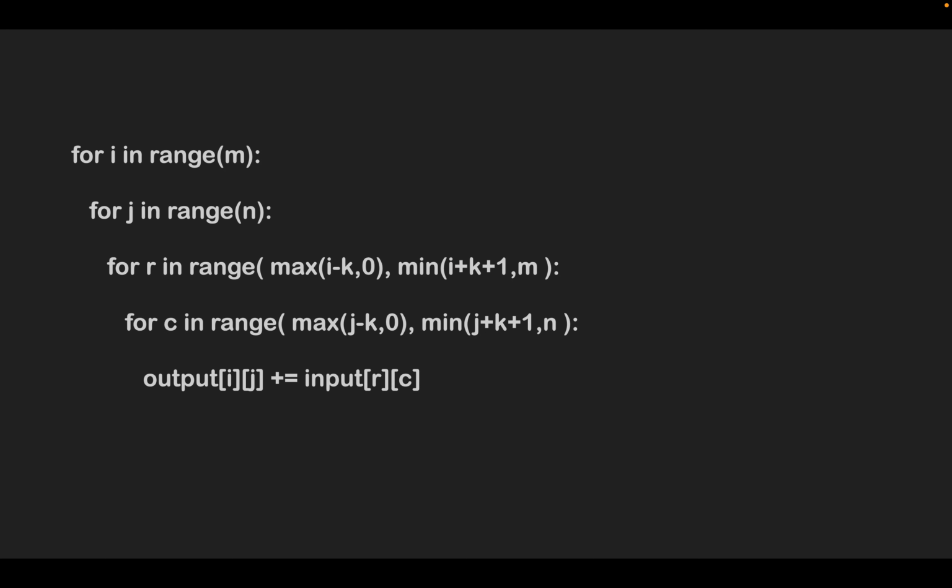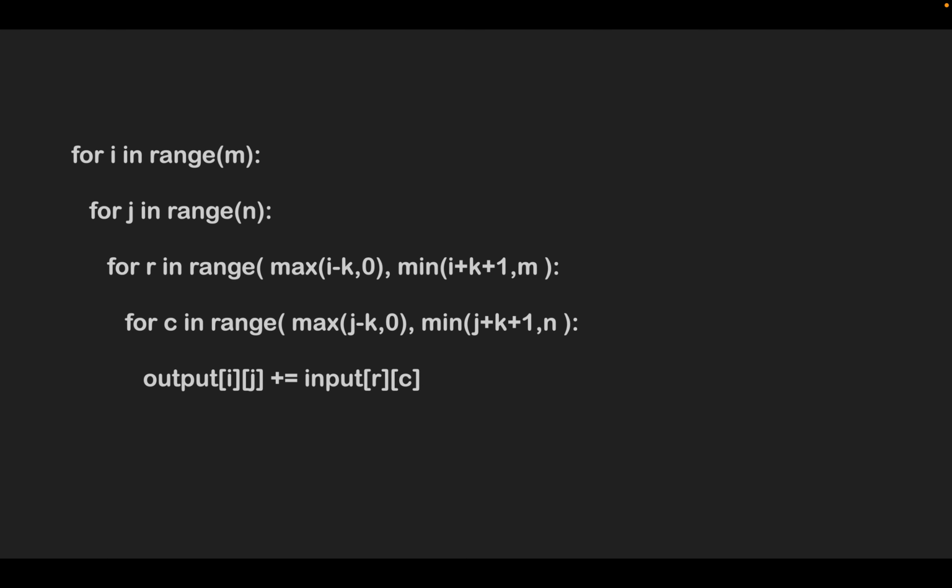So convolution isn't that bad. It's just a lot of for loops. You iterate over every element ij, so output ij, and try to calculate it. And to calculate it, you need another nested loop where you iterate over the region of interest in the input, which for us is i minus k to i plus k and j minus k to j plus k.